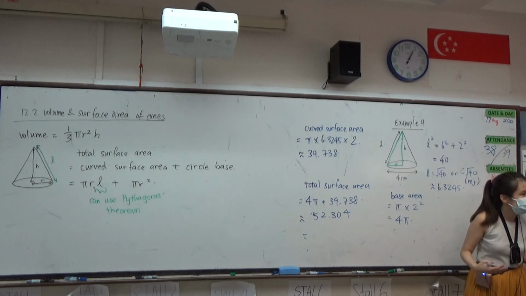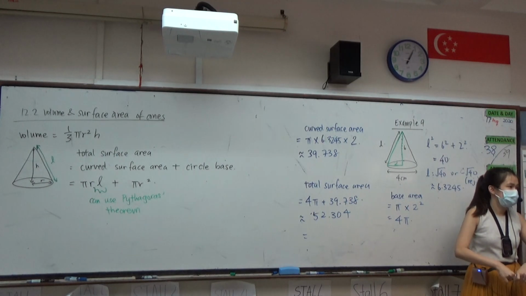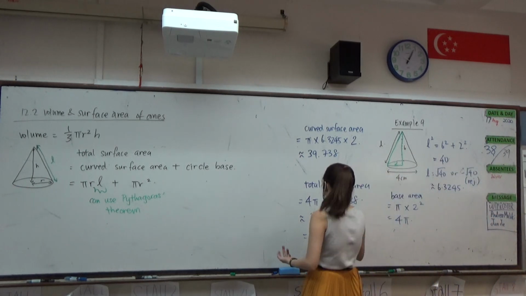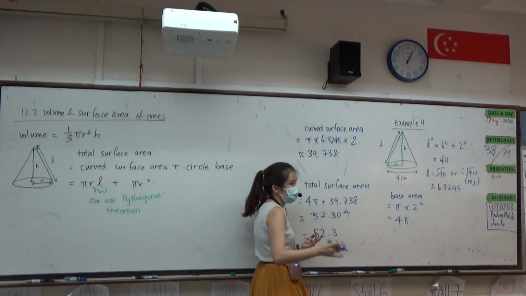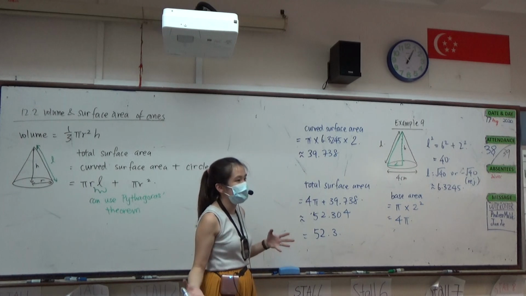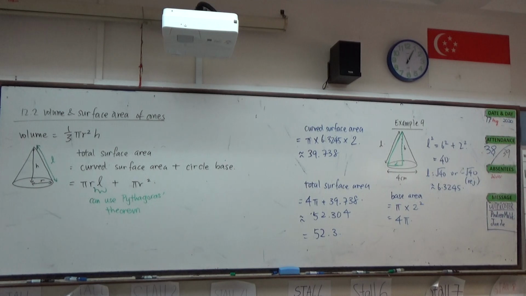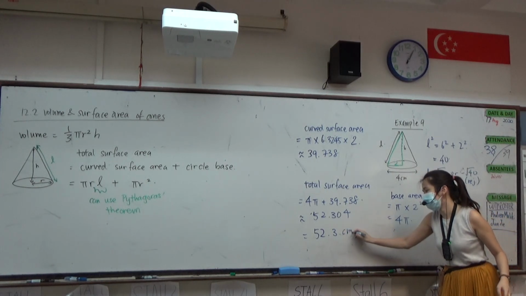What was the answer? You said 52.3. So 52.3 cm squared, 3SF.